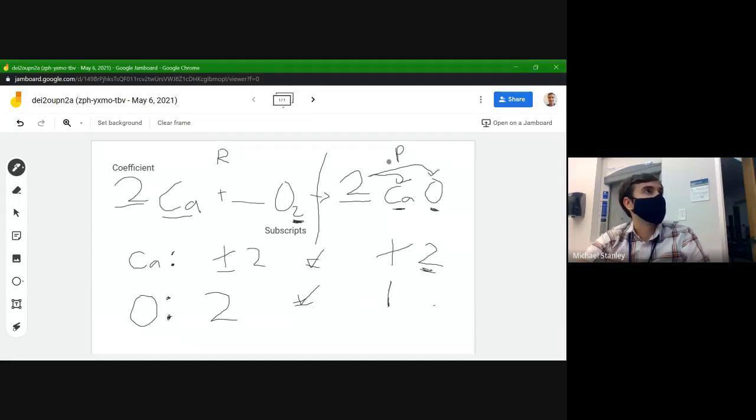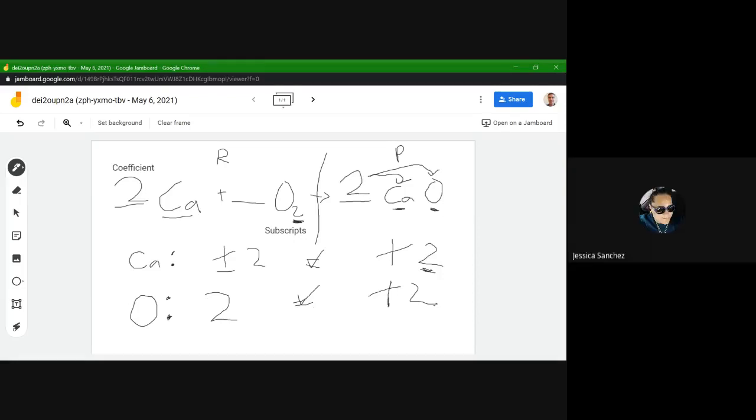So I picked the number 2 because I thought that would give me the correct way of matching up with this number 2 right here. Okay, I get it now.